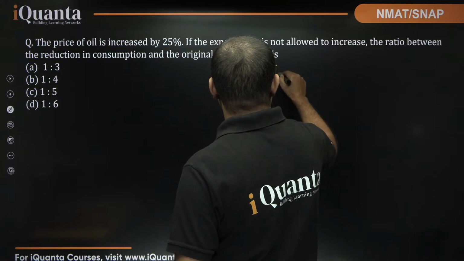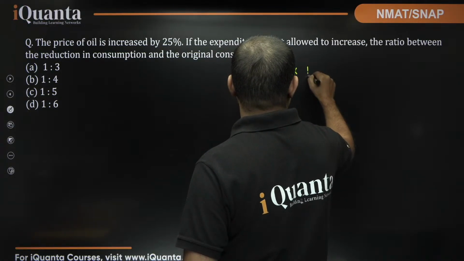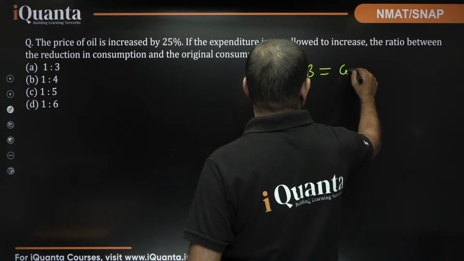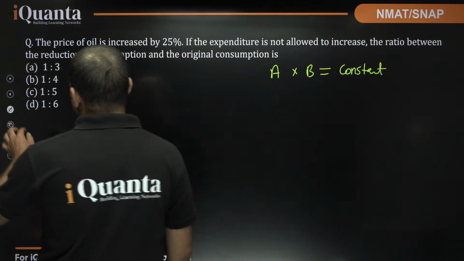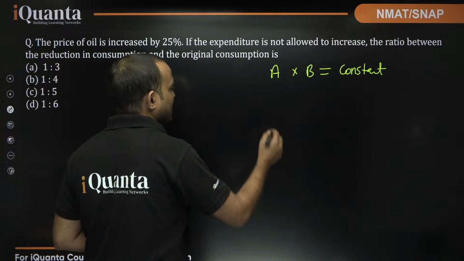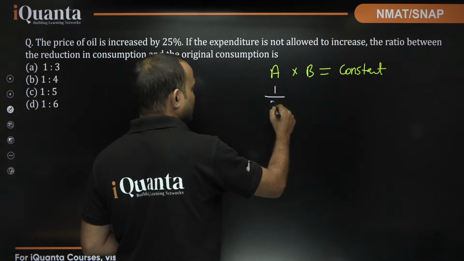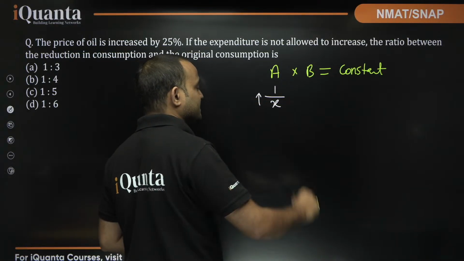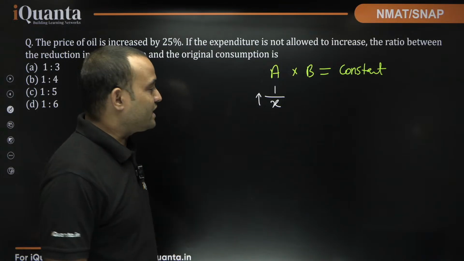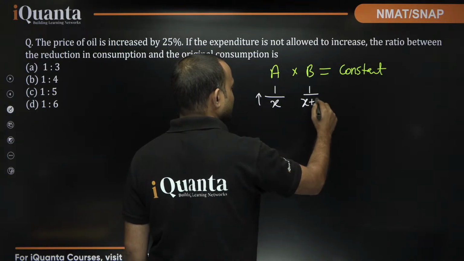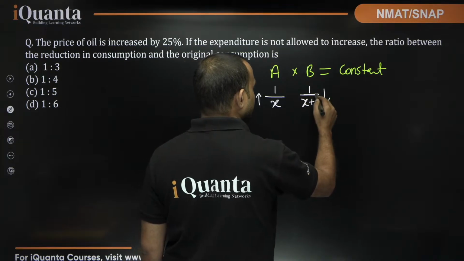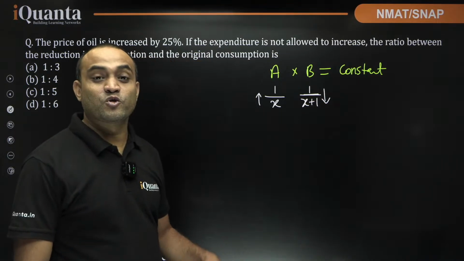So, one thing that you should remember: if A into B is equal to constant, if A is increased by the fraction 1 by x, then B should be decreased by 1 by x plus 1 to keep the product constant.